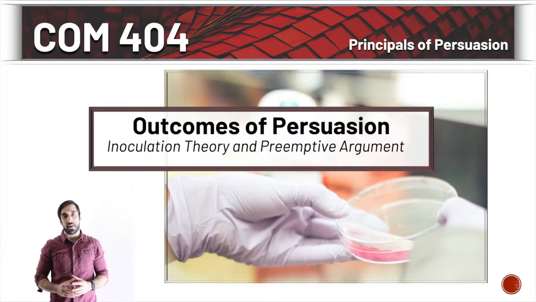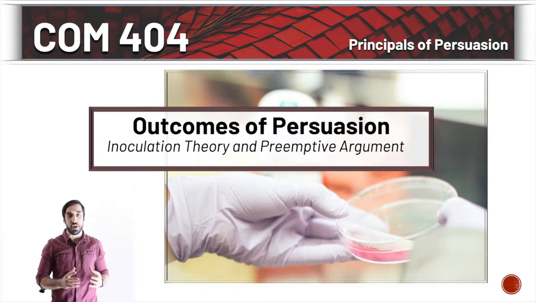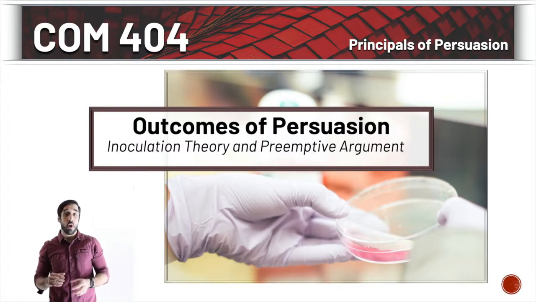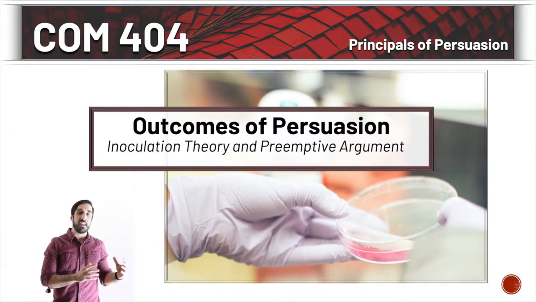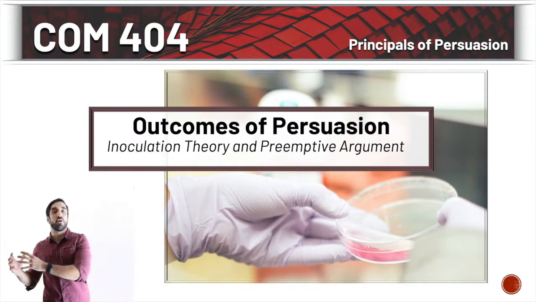In this brief video I'd like to talk about one of the outcomes of persuasion that we all hope to achieve, which is changing people's attitudes, behaviors, or otherwise influencing them to make decisions. One of the things we'll talk about today is inoculation theory, and how inoculation theory is often used to plant a seed in the audience or receiver's minds in ways that might otherwise lead them to think differently in future instances.